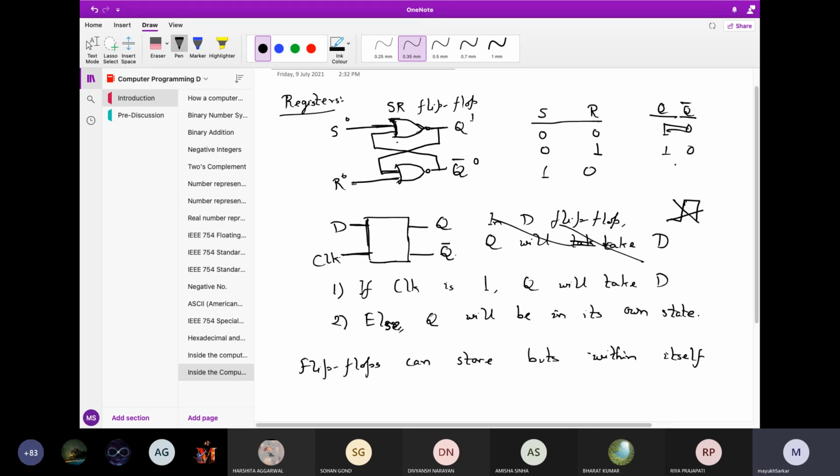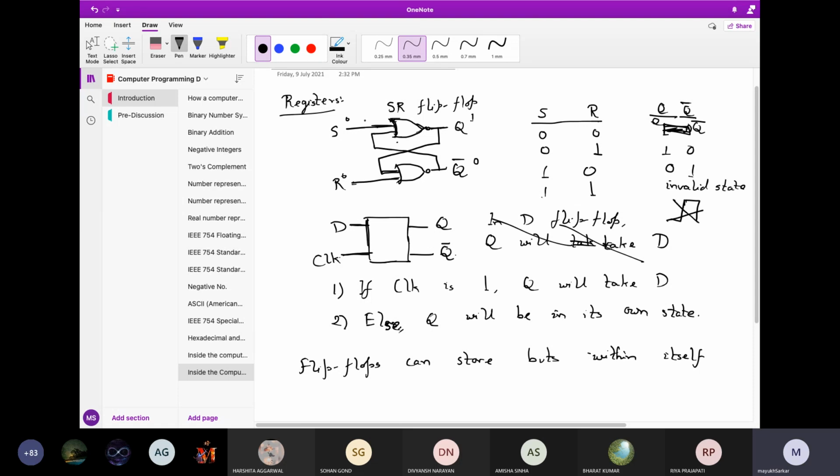If it is 1 0, you can check it out, this will be 0 1. Whereas if both S and R become 1, this is an invalid state. But I'm not going into the details. But the main interesting state is this one. Q stays in state Q, Q bar stays in state Q bar.